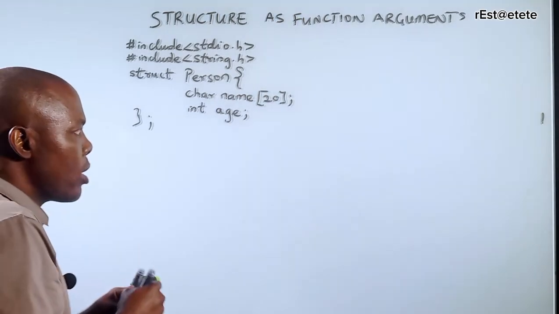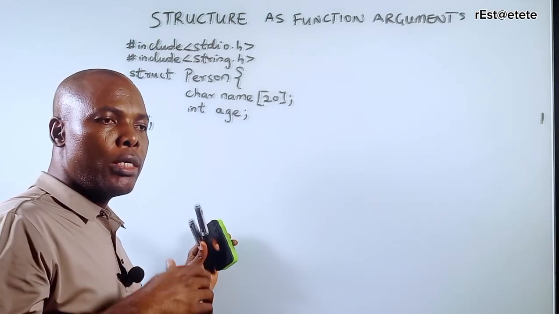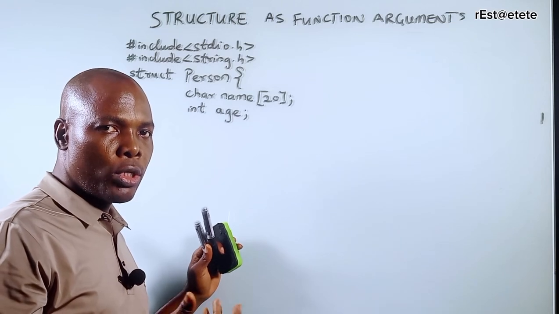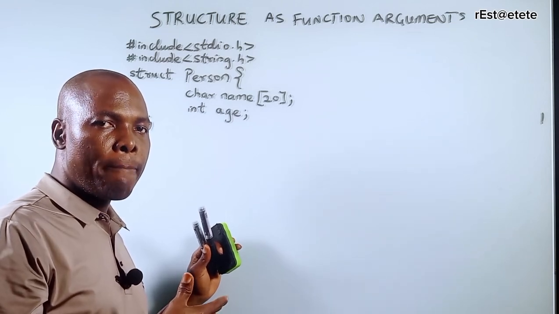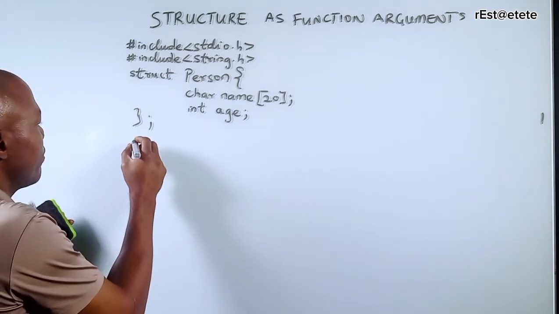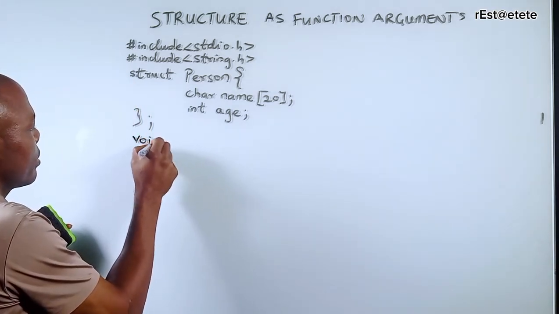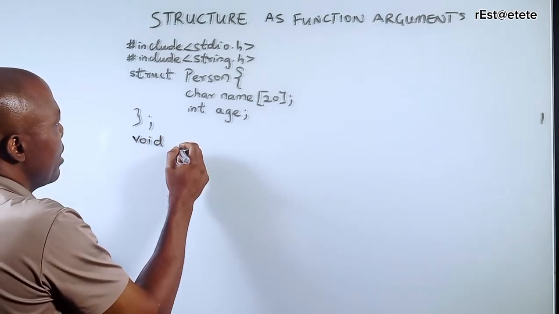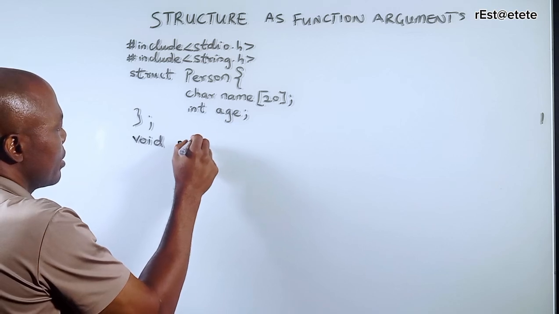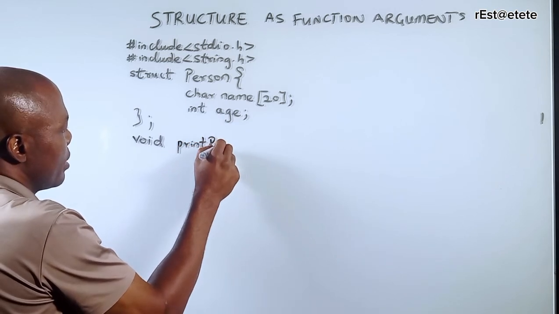All I want this function to do is print out a value. It's not going to return anything, so I'm going to say void, and I will call the function print person.